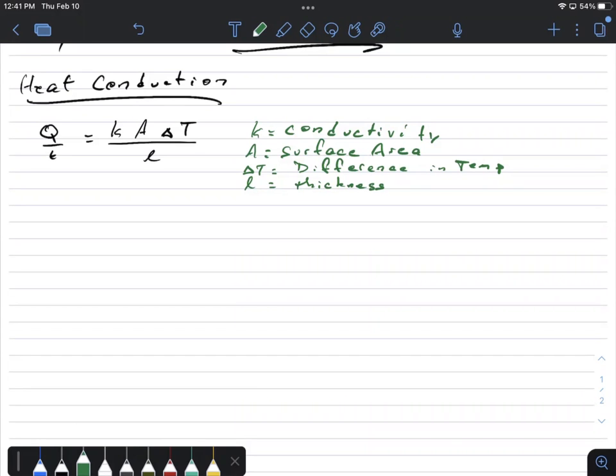But of course, it doesn't have to be. We could calculate anything. We could say, how thick of an insulation layer should we put such that we limit the heat transfer rate to such and such a limit? Well, in that case, all we would do is take this equation and solve for the thickness instead.